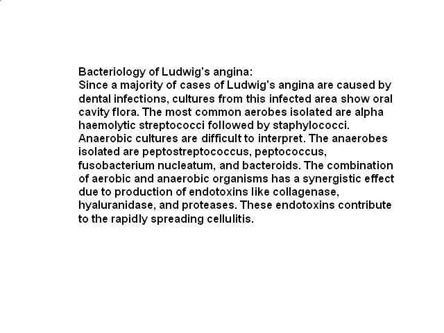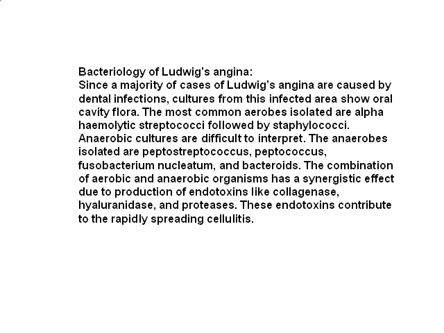Bacteriology of Ludwig's angina. Since the majority of cases of Ludwig's are caused by dental infections, cultures from this infected area usually show oral cavity flora. The most common aerobes isolated are alpha hemolytic streptococci followed by staphylococci. Anaerobic cultures are difficult to interpret.